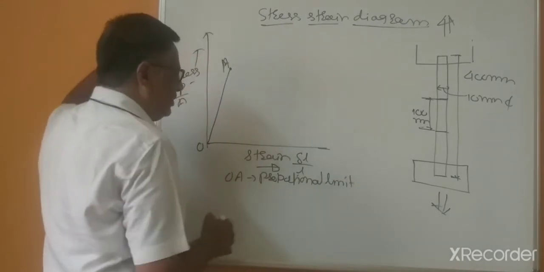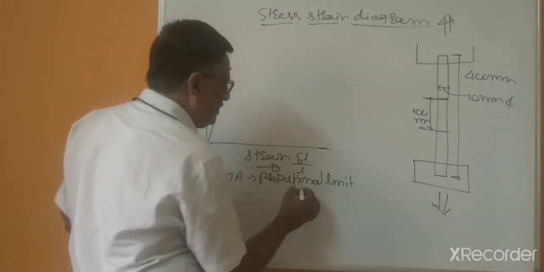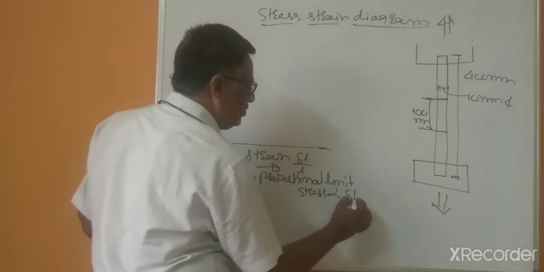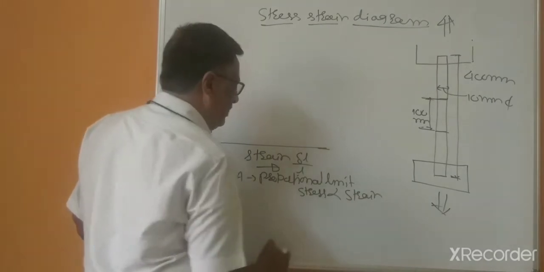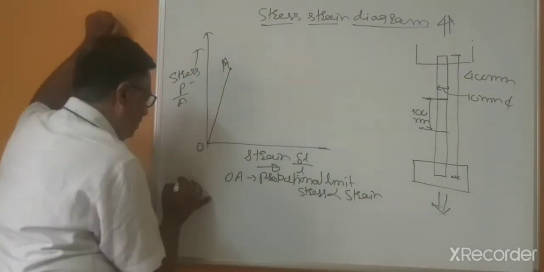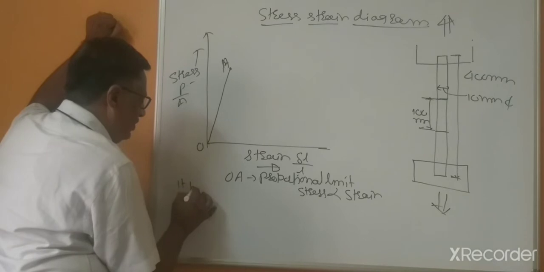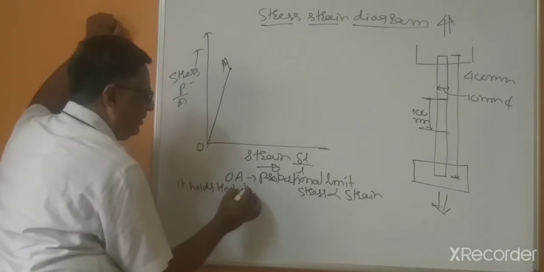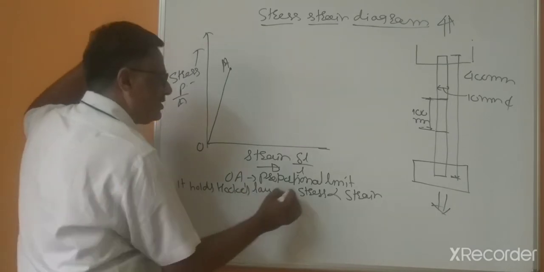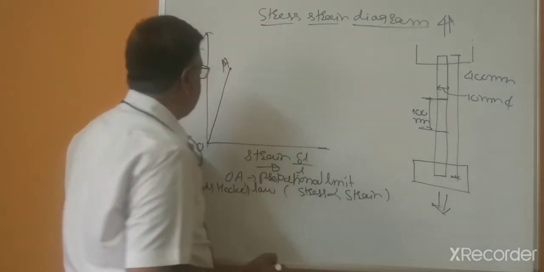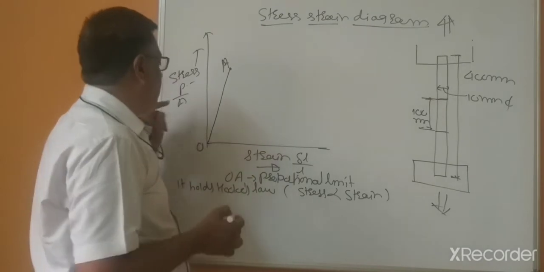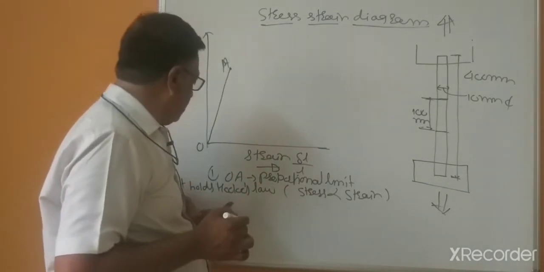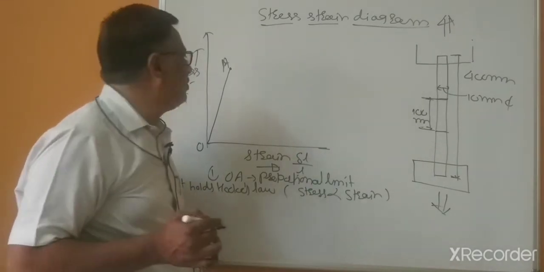For the proportional limit, stress is directly proportional to strain, which means it holds Hooke's law. According to Hooke's law, stress is directly proportional to strain, up to O to A. This is the proportional limit.